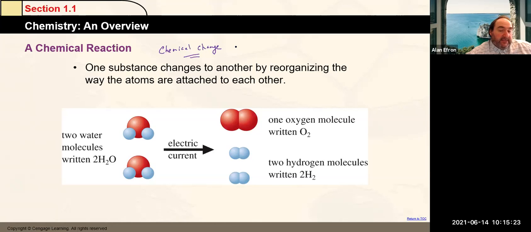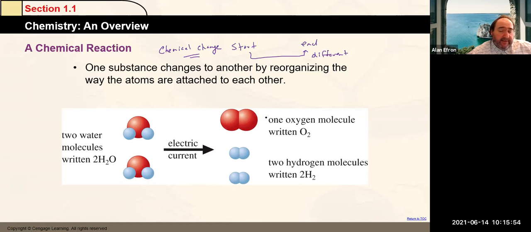Well, a chemical change is where what you start with and what you end with are fundamentally different. And one important part of that is you cannot get back whatever you started with by any type of physical means like boiling, freezing, melting, any of those things. So what you start with fundamentally changes to something that's very different.